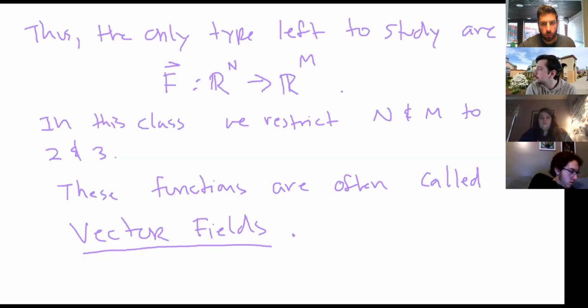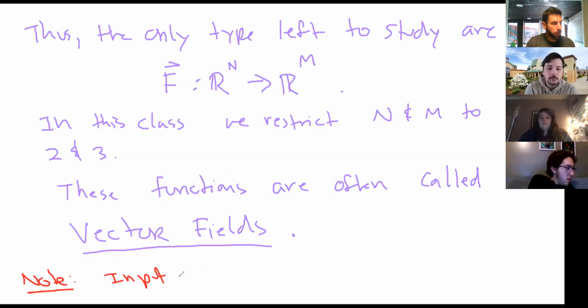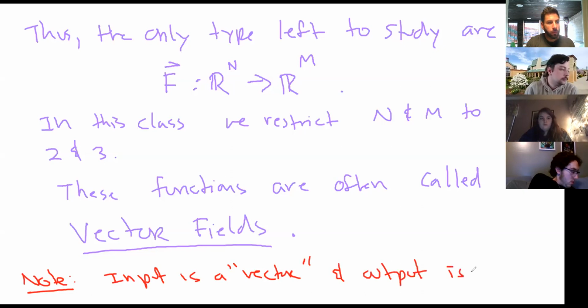Let's just note again for full completion, the input is a quote unquote vector, and the output is a vector. Now you might say, oh Grady, why are you writing vector in quotations?